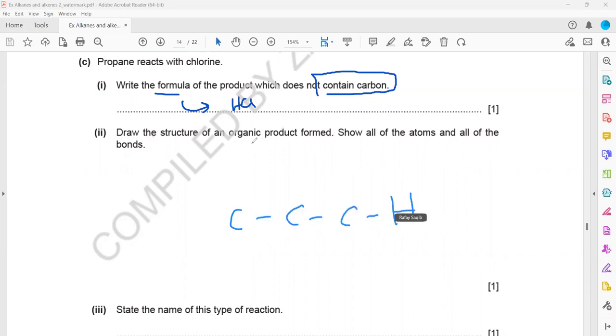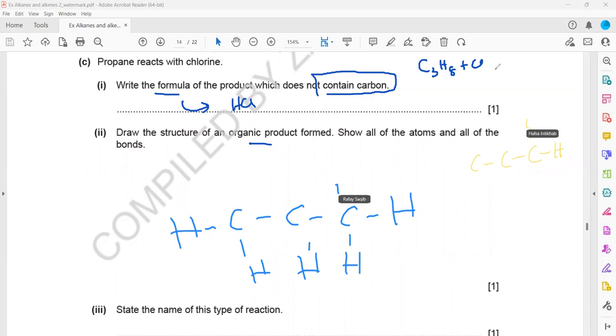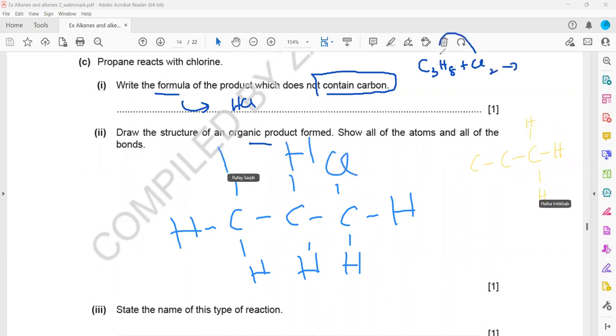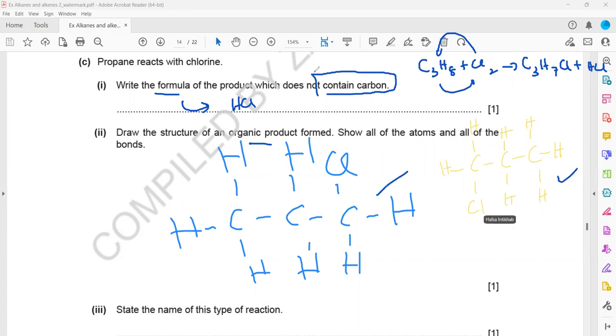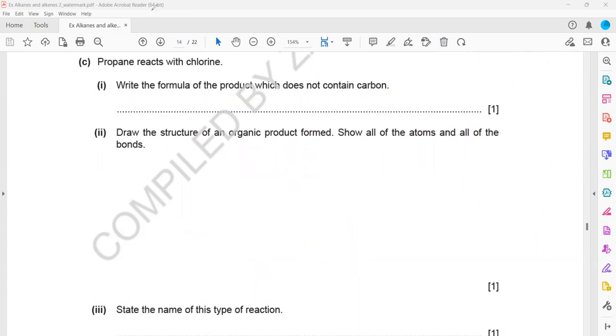Then draw the structure of the organic product. Propane, which is C3H8, reacts with chlorine in a substitution reaction: 1 chlorine enters, 1 hydrogen leaves. This will be 1-chloropropane plus HCl. You can even draw 2-chloropropane, if the second hydrogen is replaced, but it is fine.